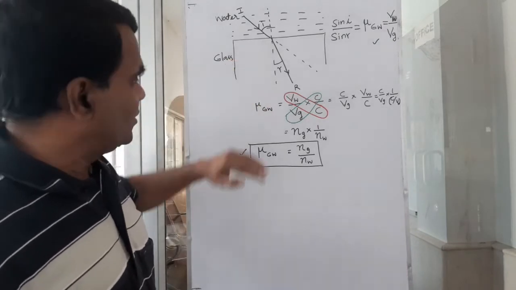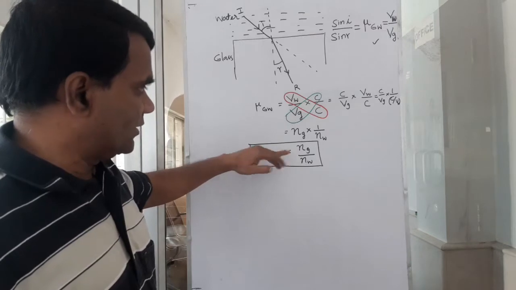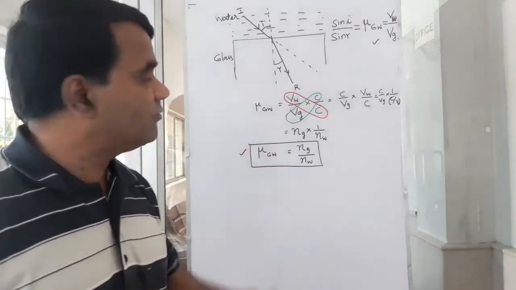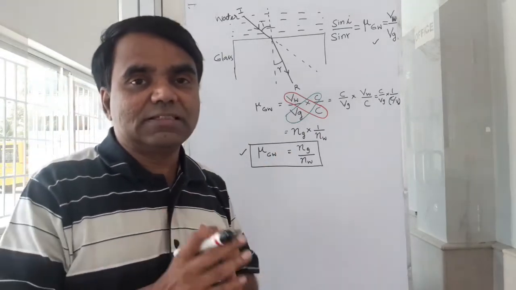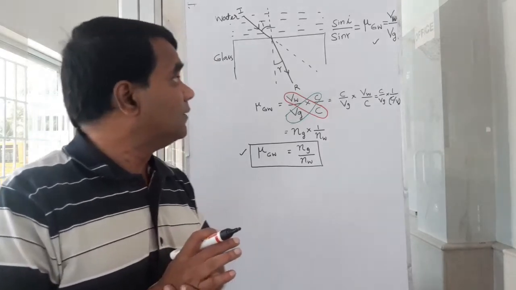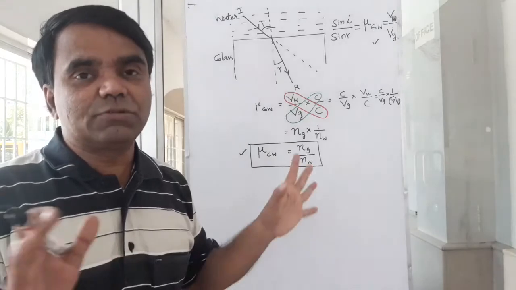That is how it was. But now it is simply the refractive index of glass divided by the refractive index of water. So this makes things a little more natural. Okay? I can either use that or this. I am free to do either.